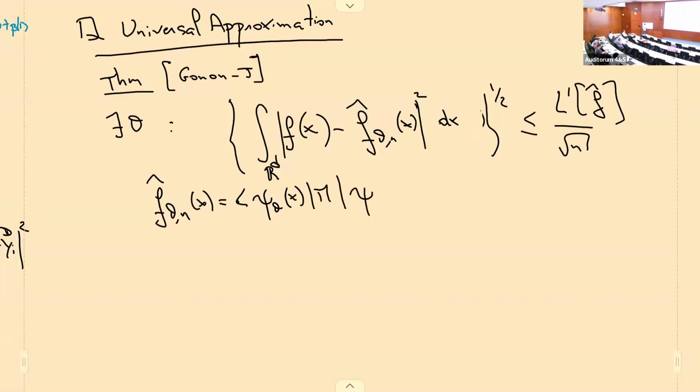Basically, f is the expectation of some observable. So I can construct a quantum circuit where I encode the data x, and I have a vector of hyperparameters theta that will allow me to approximate any function f with Fourier transform in L1 with this error bound.